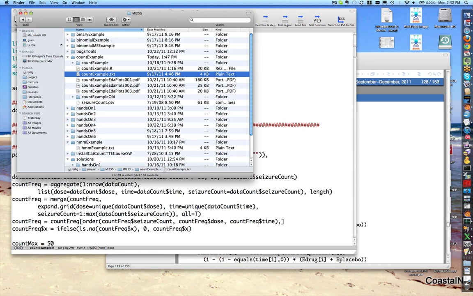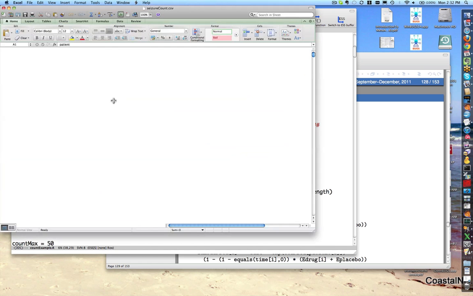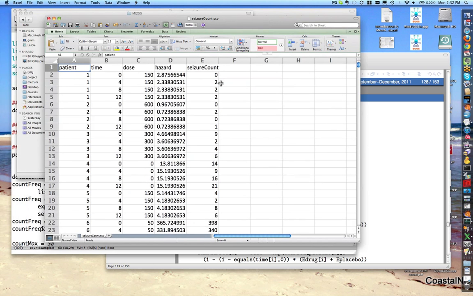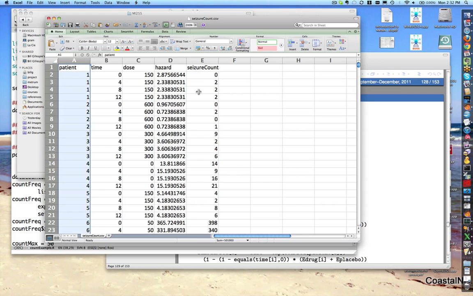We should probably pull that up so you can see it. Okay, we got the data set. Pretty straight ahead. We've got a patient identifier here.